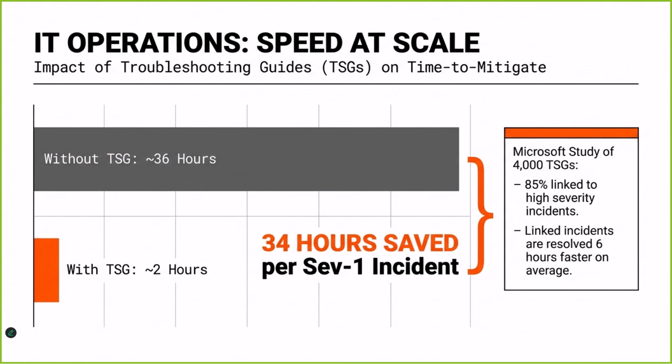And what they found was that for severity level 1 incidents, which was better than 80% of their incidents, severity level 1 incidents went from 36 hours to 2 hours if there was a troubleshooting guide for that particular incident. So incidents that had troubleshooting guides were reduced. Now, they didn't mention this in the research paper, but I felt it was an important thing to contemplate.